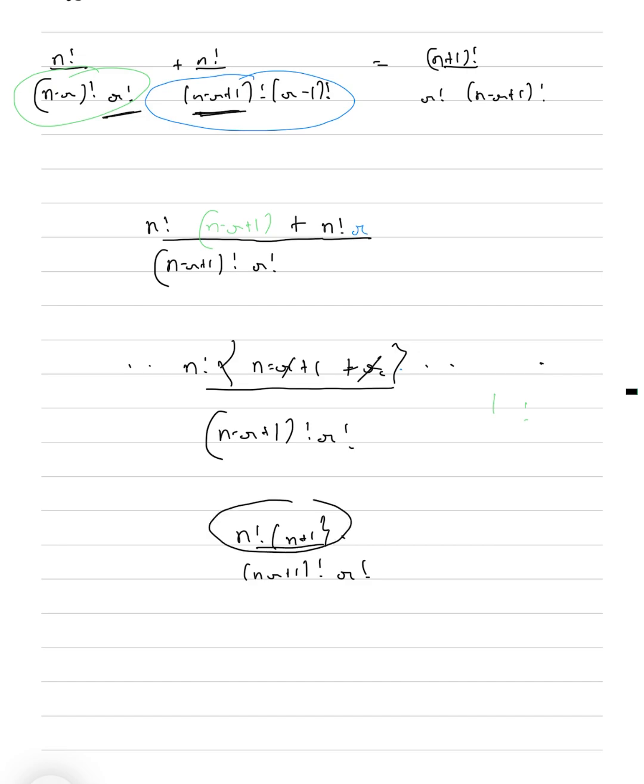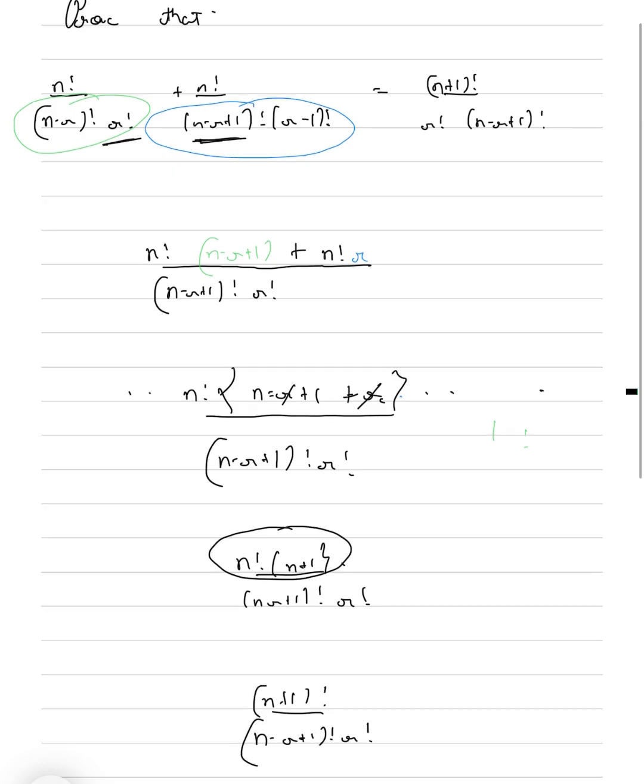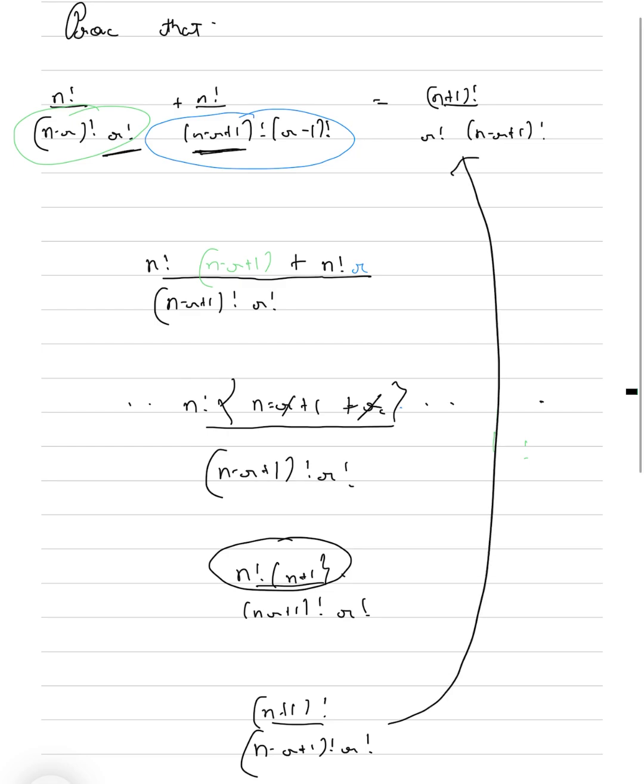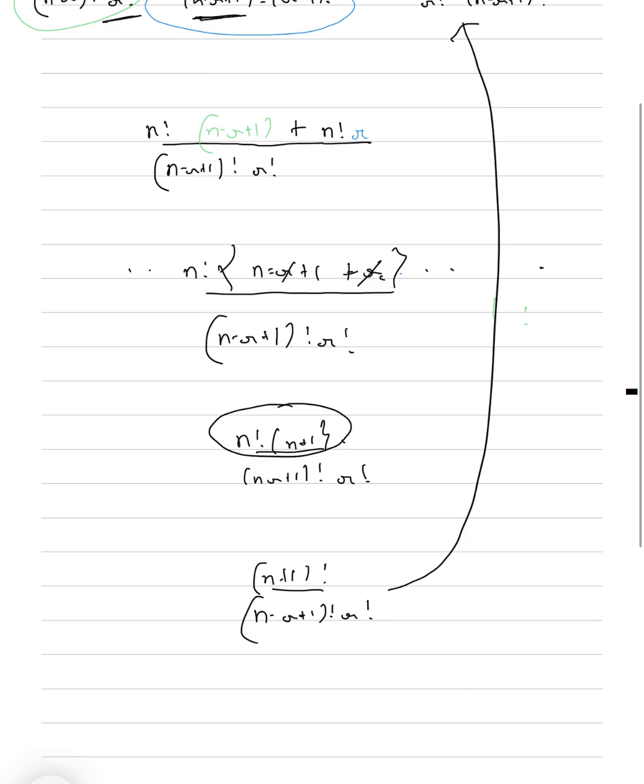This is going to be n plus 1 whole factorial upon n minus r plus 1 whole factorial r factorial, which is equal to your RHS. I think I made my point clear: what factorial is and how you solve questions related to factorial.